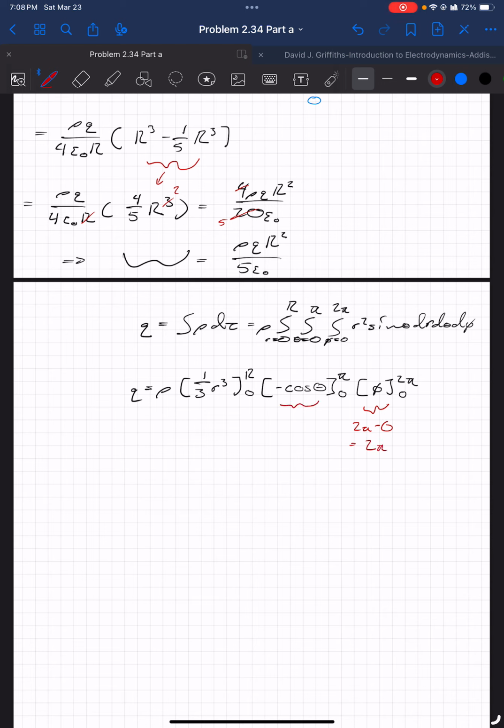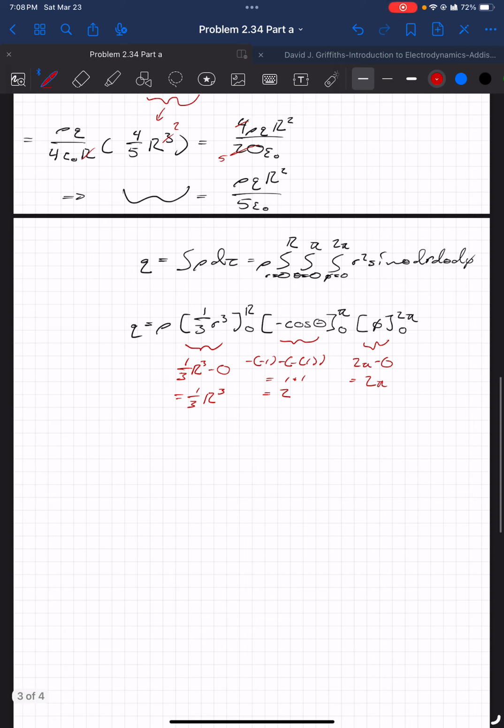And this reduces down to the same from before, which is -1, minus -1, which is just equal to 1 plus 1, which is equal to 2. And this reduces down to 1/3 large R cubed minus 0, which is just simply 1/3 large R cubed.